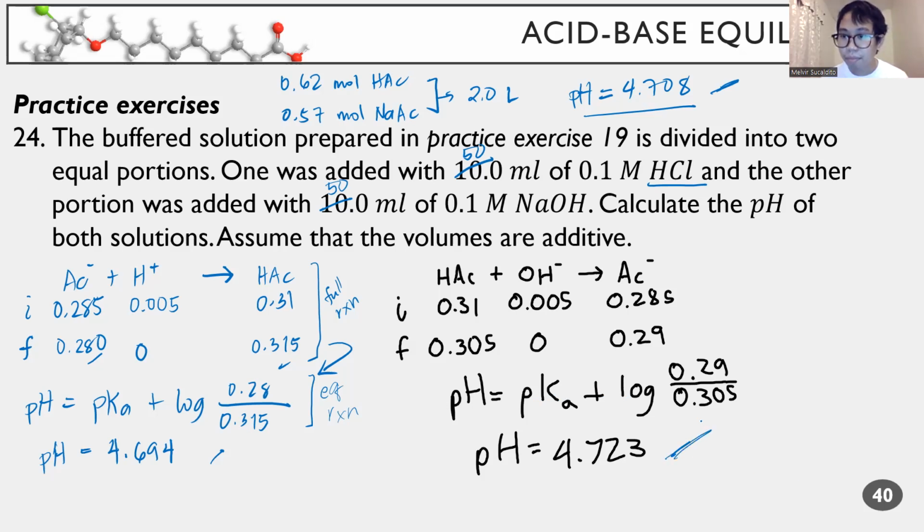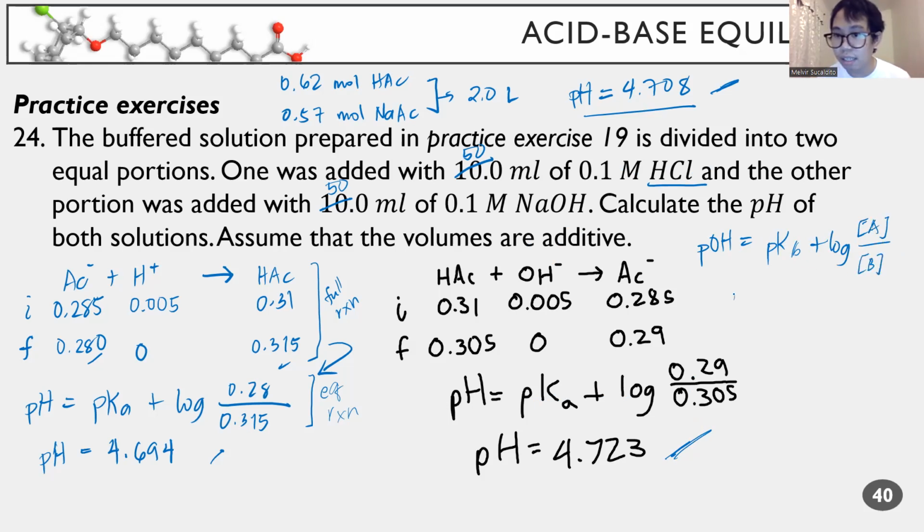Okay? Now, actually, if you proceed with your calculation kanina, pOH is equal to pKb plus log of, sinunod na po A. Sorry, pKb. Kasi pOH, pKb, so this should be acid over base.